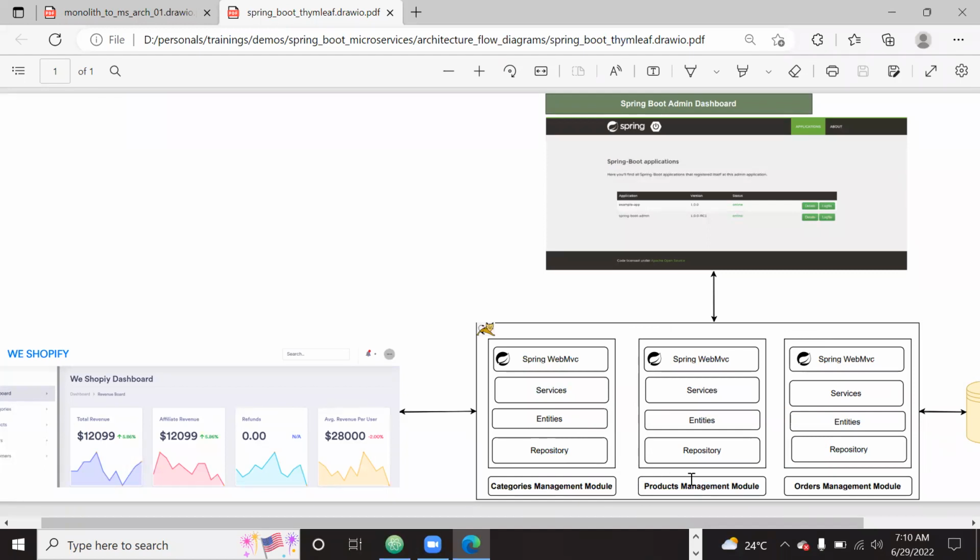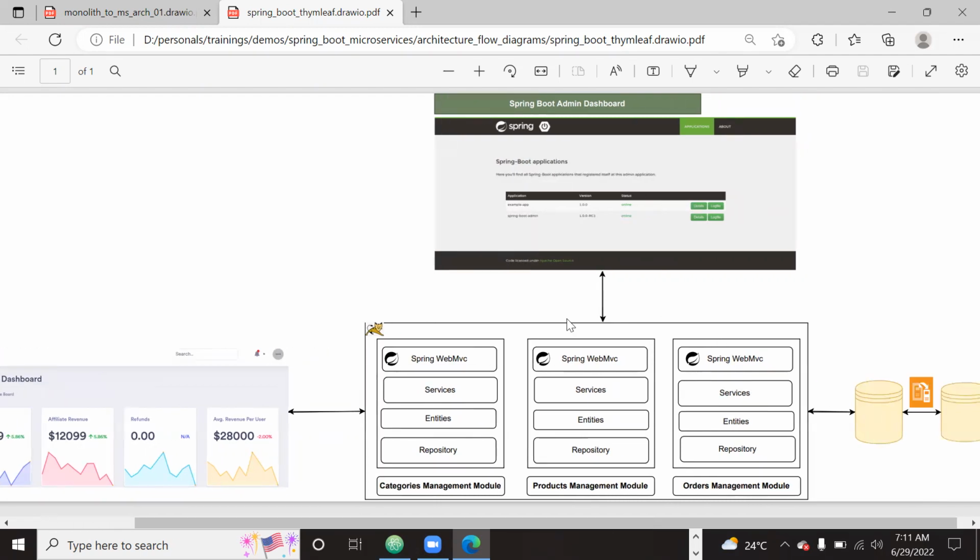Product also has a product controller, service, repository, and model. Orders also has the various layers. All of these, orders management, products management, and categories management, are inside a single war file, and all of them connect to the external database. All these modules are using a single database, correct?